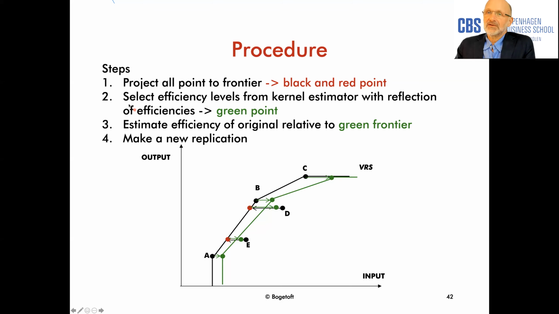And that we do by selecting from this kernel estimator. So we select efficiency levels from the kernel estimator with reflection. Reflection has to do with, I should maybe have explained that, if I have a very high point, so efficiency of 1, and I add a normally distributed noise term to it, then sometimes this efficiency will look above 1.